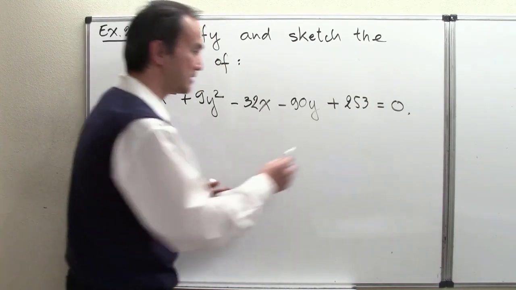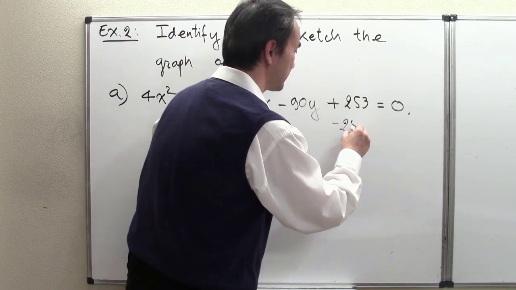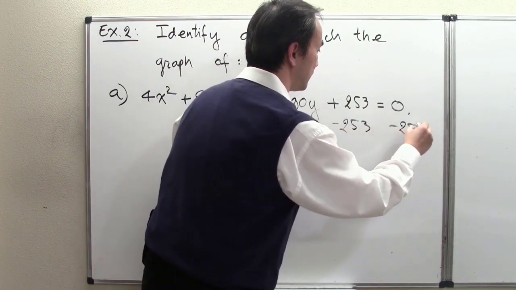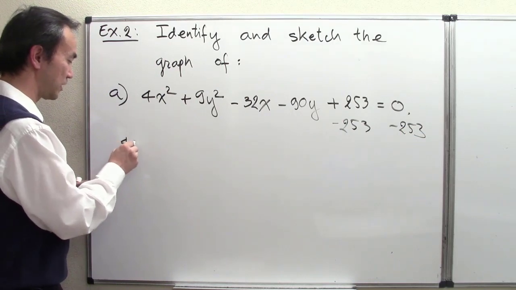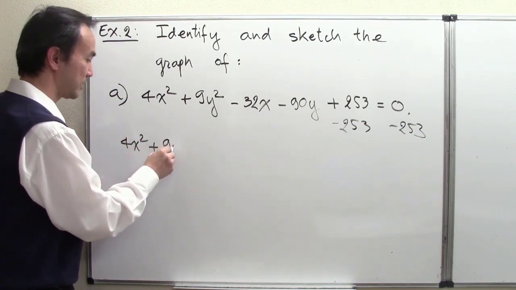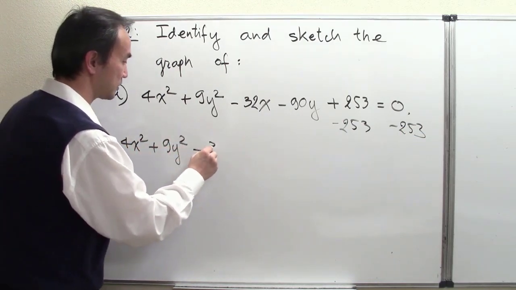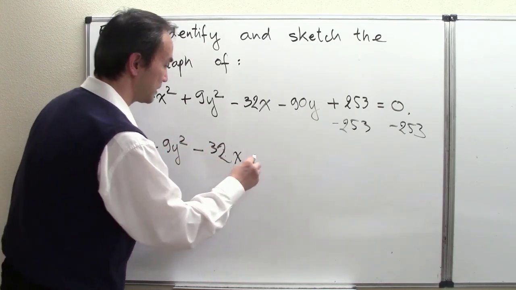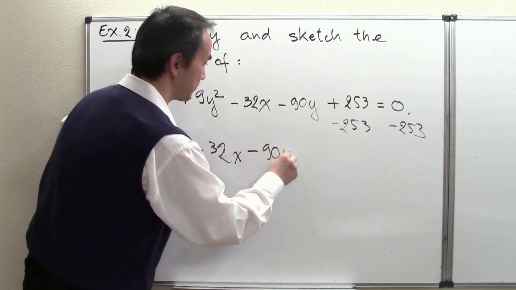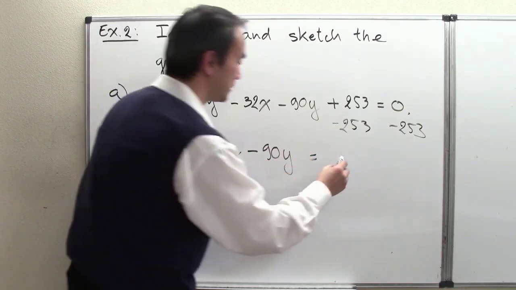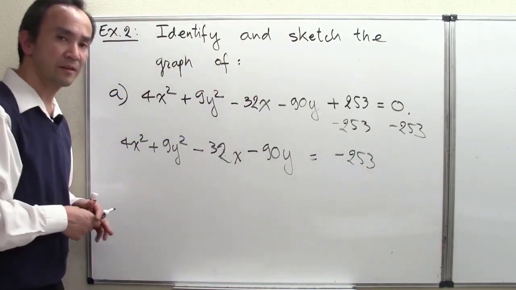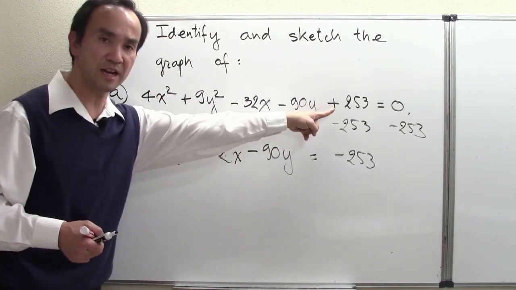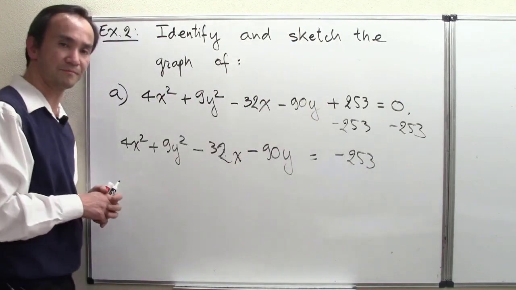For doing that, I'm going to subtract 253 on both sides of our equation. So now that will produce 4x squared plus 9y squared minus 32x minus 90y equals minus 253.